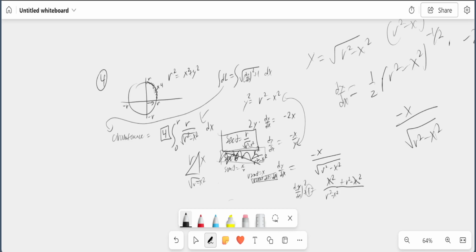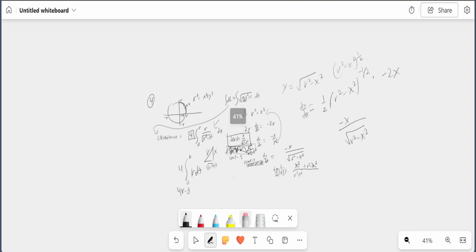Well, then now it is just r d theta. So that's 4r theta. And I should put the bounds there. That's going to be a mistake. He'll probably mark you off if you do that, you know. So 4r theta. What's the easiest? Let's do sine inverse.